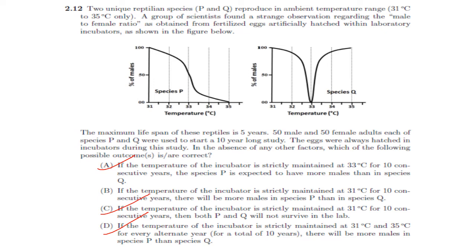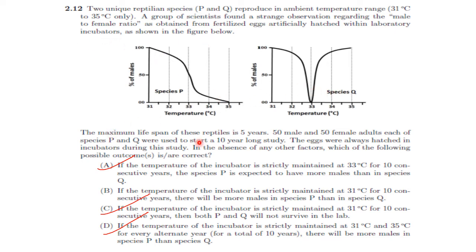Then next question. 2 unique reptilian species P and Q reproduce in ambient temperature range, that is 31 to 35 degrees Celsius only. A group of scientists found a strange observation regarding the male to female ratio as obtained from the fertilized eggs artificially hatched within laboratory incubators as shown in the figure below.